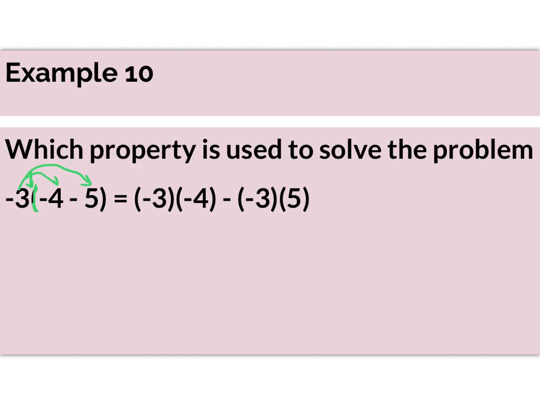It looks kind of weird, but what I did was I left this sign here and I just put the 5 in parentheses. So this is distributive over multiplication, over subtraction. This is distributive property, which is multiplication over subtraction. And this ends our examples, and now there are some problems for you to solve and identify.